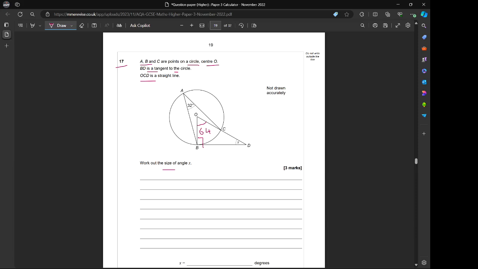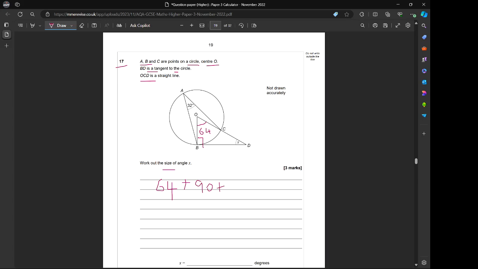What do angles in a triangle, guys, add up to? We've got 64 plus 90 plus X equals 180.